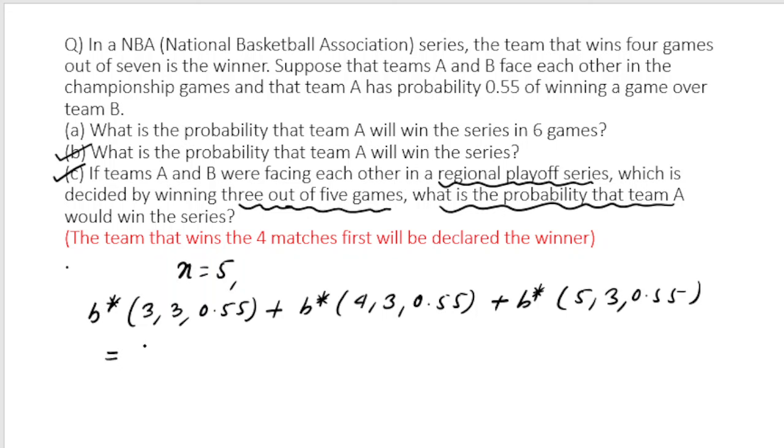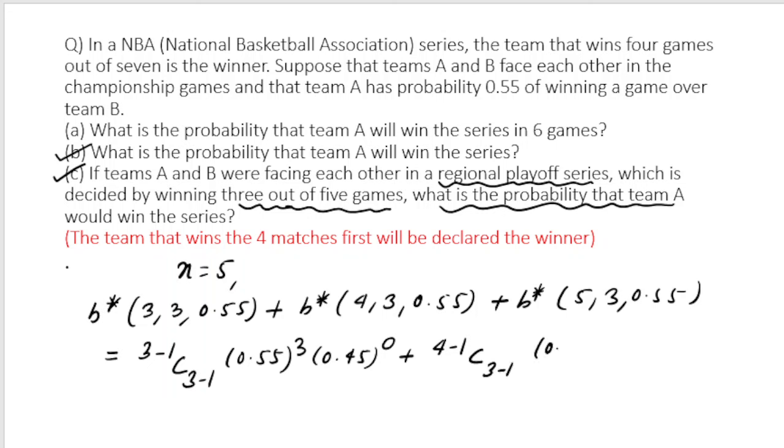Again, x minus 1, so 3 minus 1, C k minus 1, so 3 minus 1. How many successes? 0.55 to the power 3 successes. How many failures? So 0.45 to the power 3 minus 3, that is 0 failures. Now it is 4 minus 1, C 3 minus 1, right? How many successes? Total 3 successes.